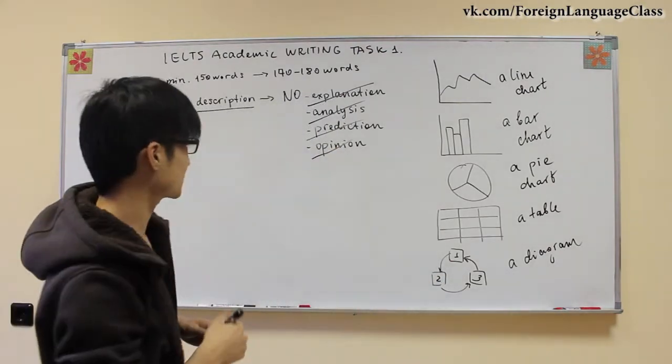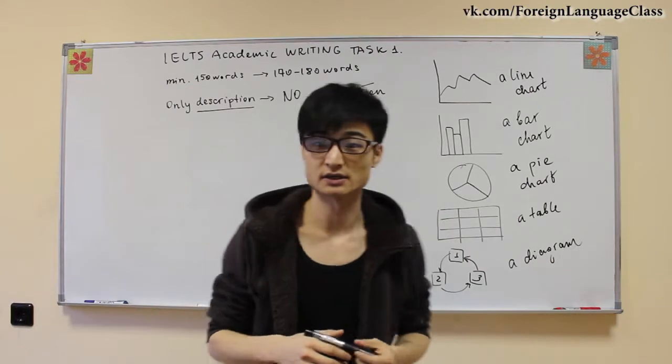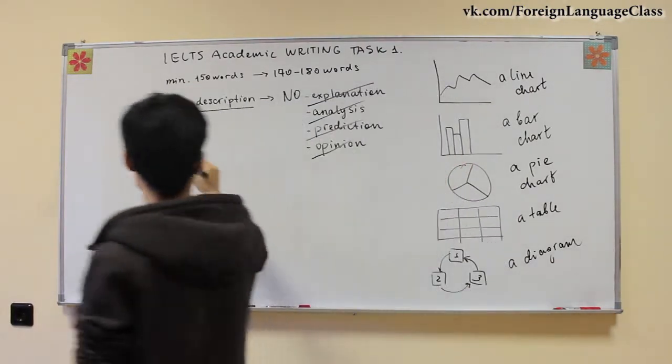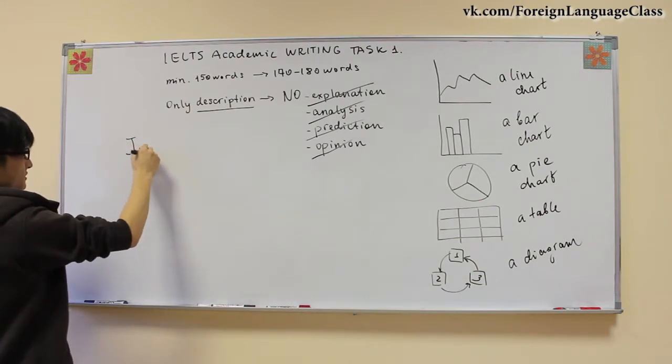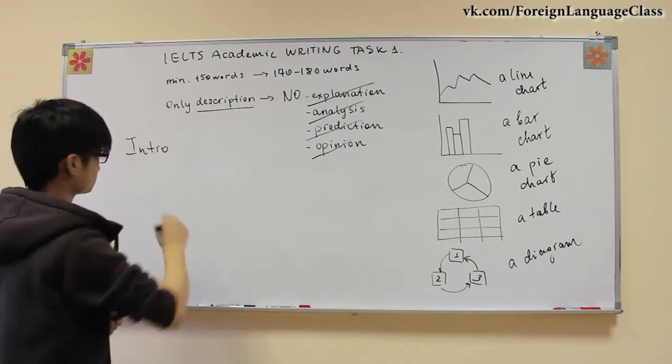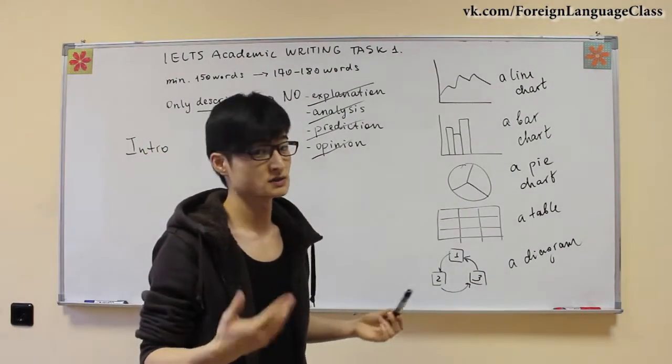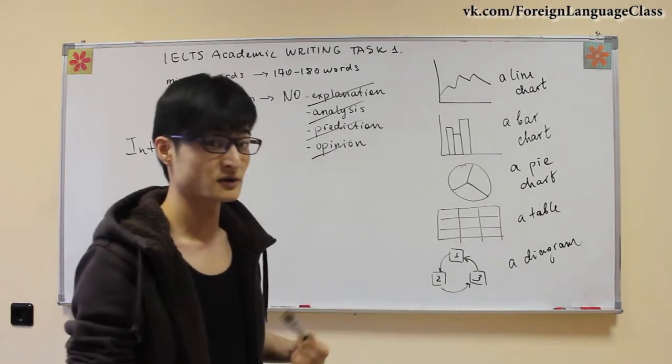Okay? So now let's go to the structure of Task 1. First, you are to write an introduction. In the introduction, you are to write what you see. You are to rephrase your task.